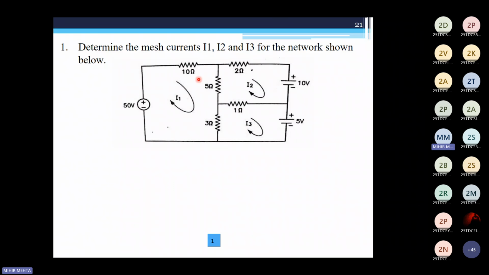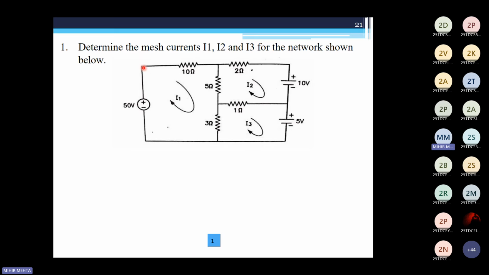So what you do is you move from mesh 1 to mesh 2, then to mesh 3 in the direction of your mesh current, assuming it to be the same as the direction of the current in that particular mesh. So the loop direction and the current direction are the same here, since the current direction is not given to you.